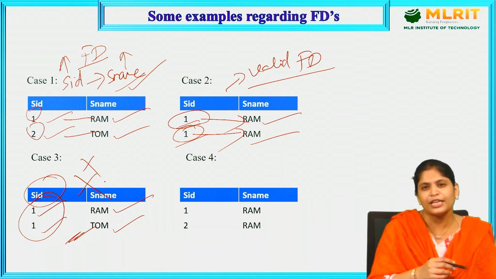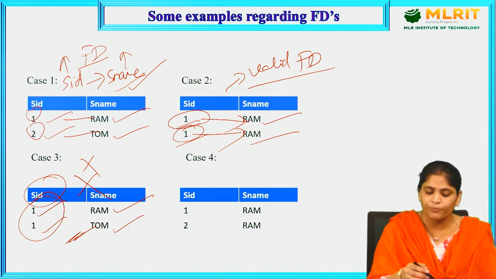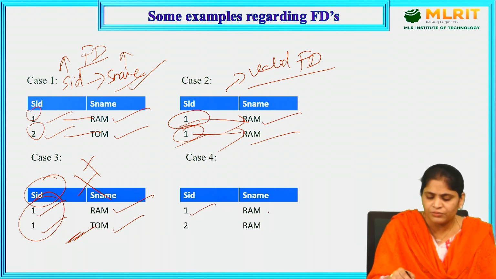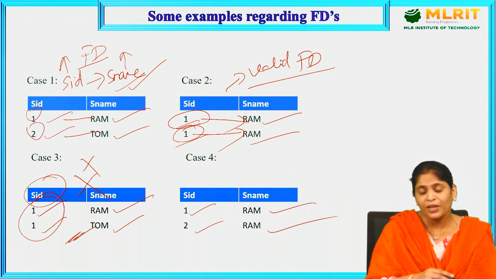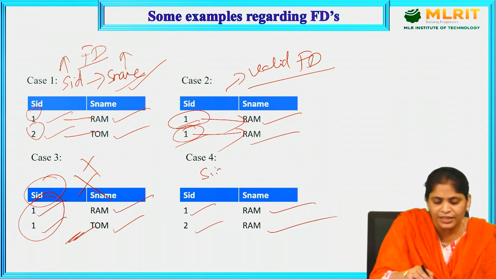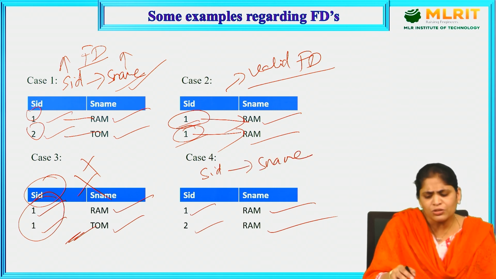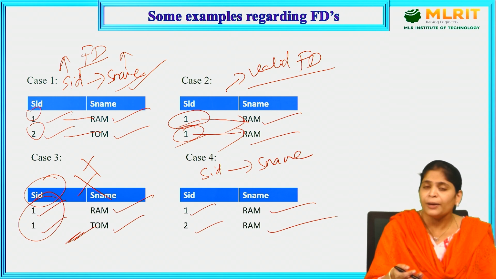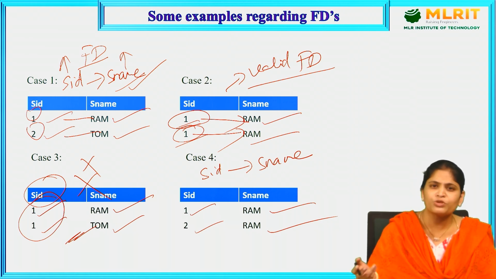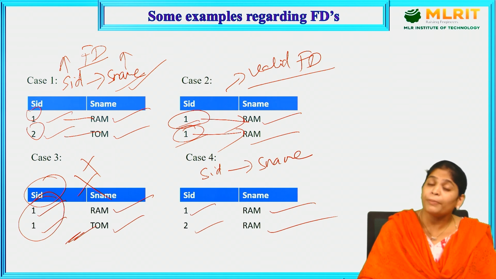Let us discuss case 4. SID is 1 with the name Ram and SID is 2 with the name Ram. Here also SID derives SName uniquely. Two or three persons can have the same name but different IDs.